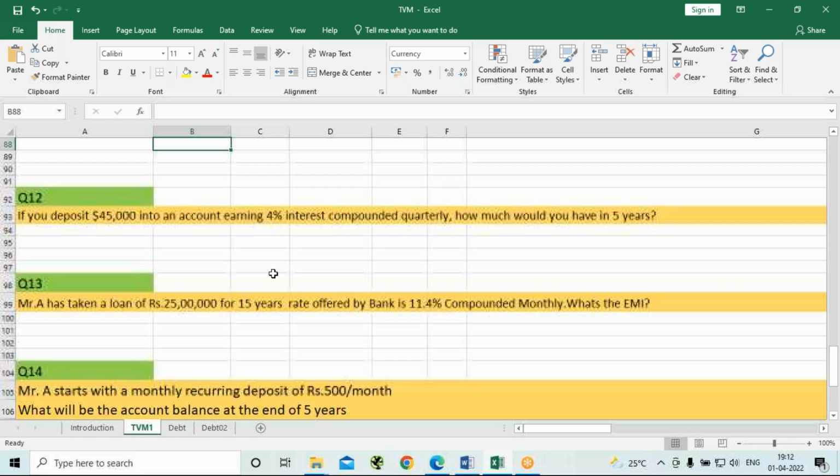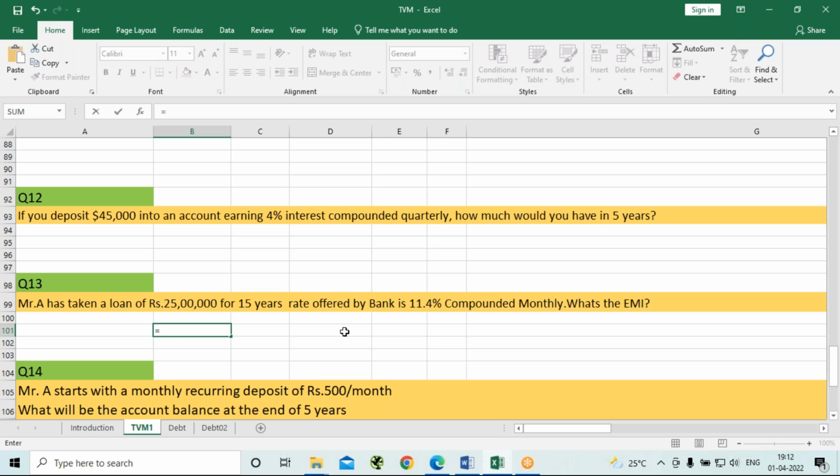The next one is, if you deposit 45,000, it is a quarterly calculation, you can do it the same way. I'll do one more loan calculation, an EMI calculation.